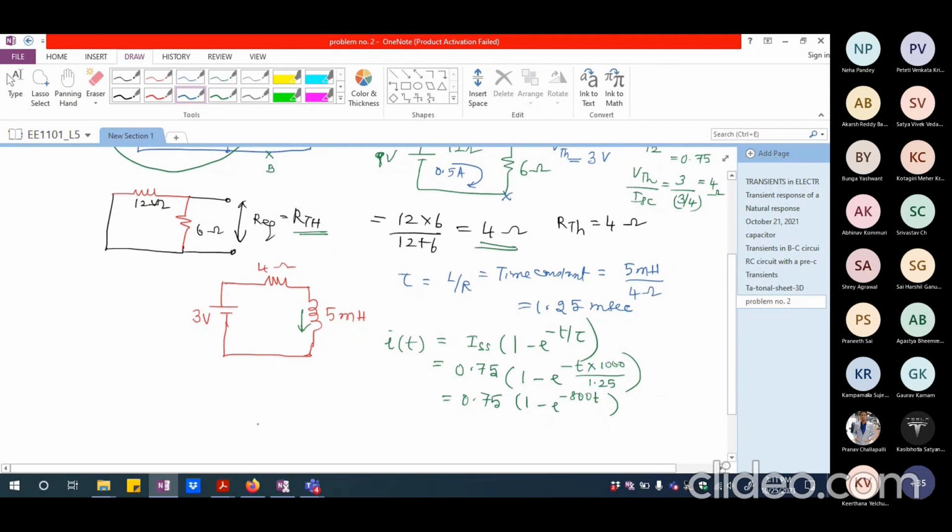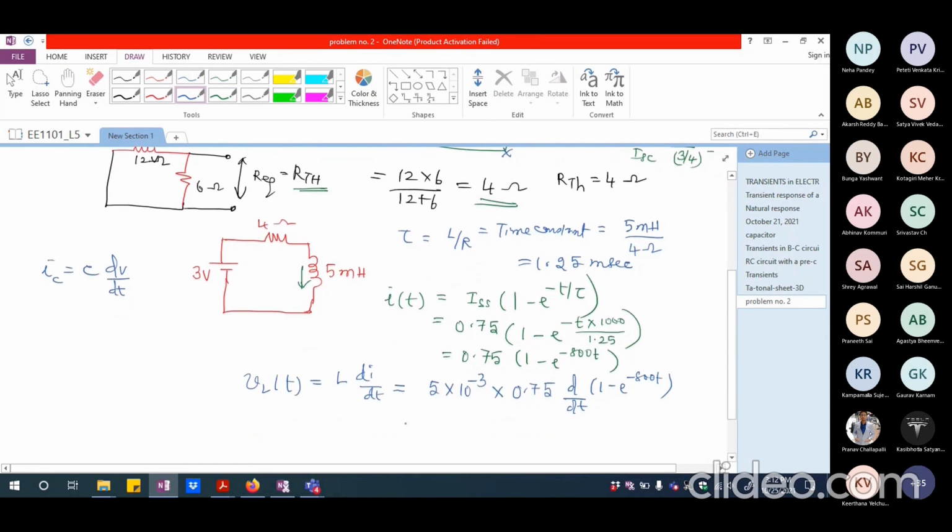And what is the voltage across the inductance? L di by dt, isn't it? Just like we say current through the capacitance is C dV by dt, the same way voltage across the inductance is L di by dt. And what is L? 5 multiplied by 10 power minus 3 multiplied by di by dt. The 0.75 will be outside, and d of 1 minus e power minus 800t divided by dt.